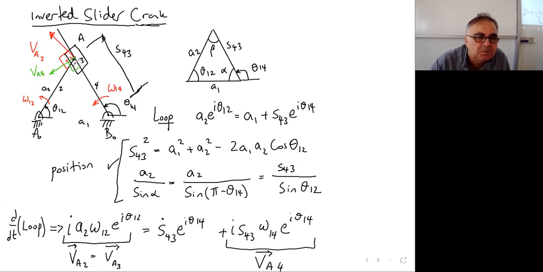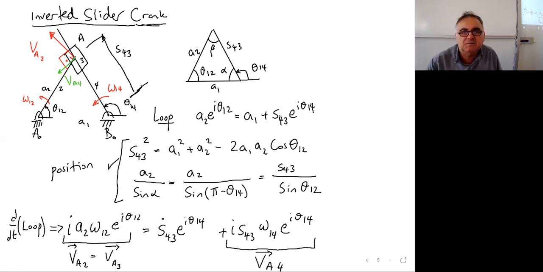It has to be perpendicular to this one, as you see. Okay. Maybe I should make it a little bit. So this is 4. And what is this?